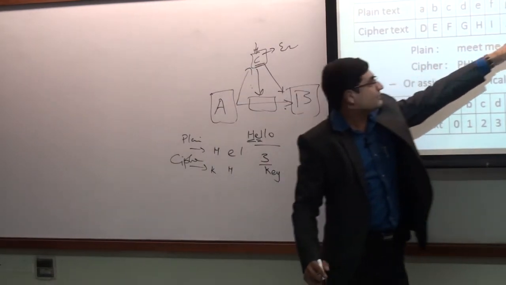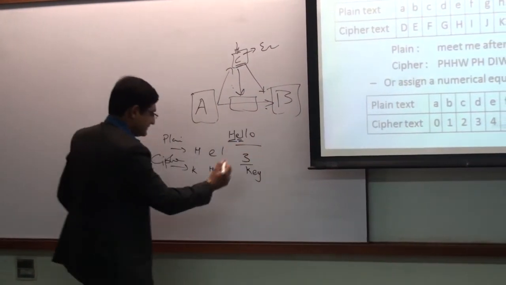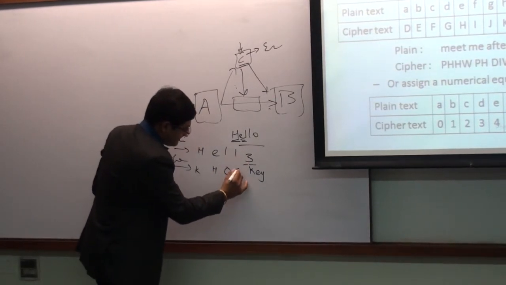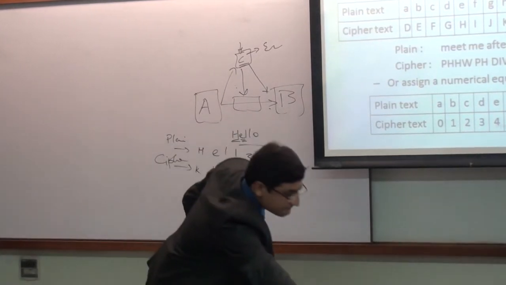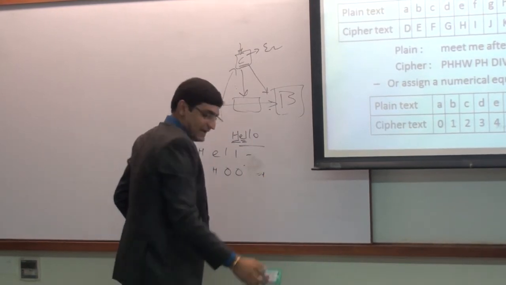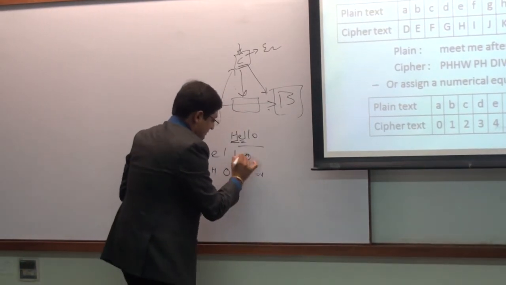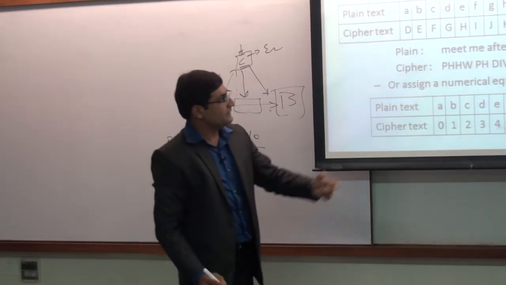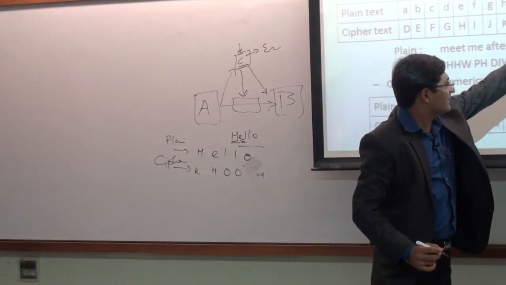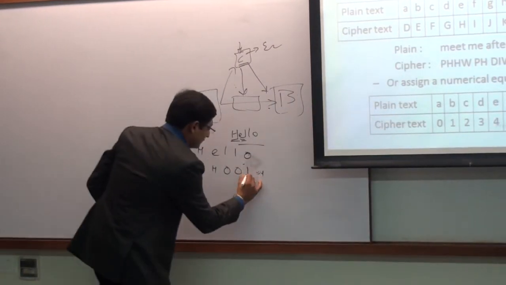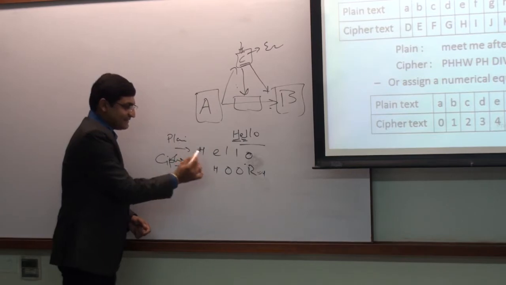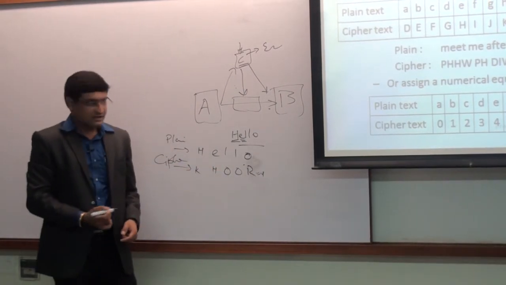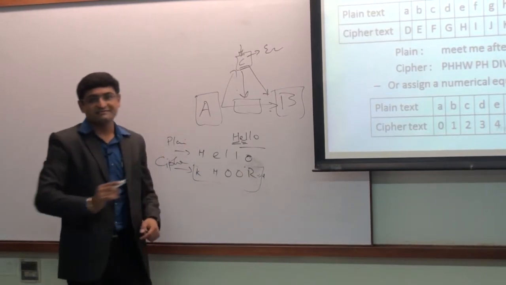For L you can see over here that the equivalent alphabet is O. Same for L again, so again O, and finally we have O, the last letter in my message hello. I'll find out the mapping letter in this table, that is R. So for my plain text hello, I have the ciphertext KHOOR.